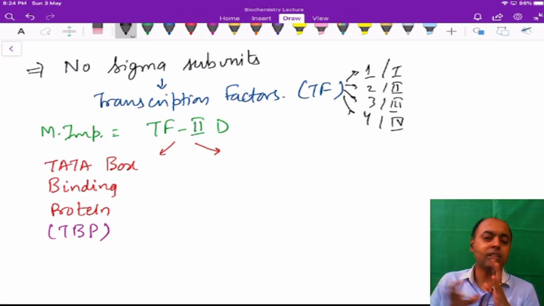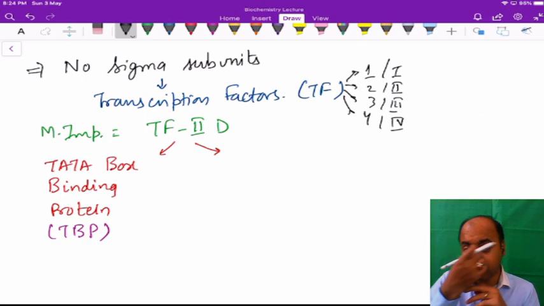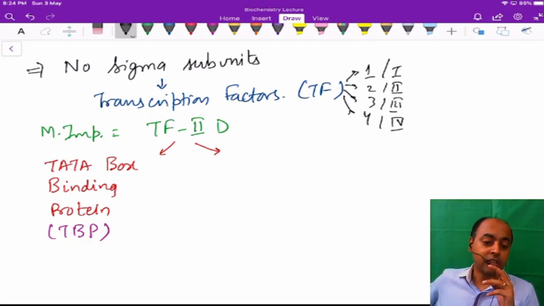Now, among all the transcription factors, the most important regulatory molecule is the transcription factor 2D. The transcription factor 2D is the most important regulatory molecule in the eukaryotic transcription.